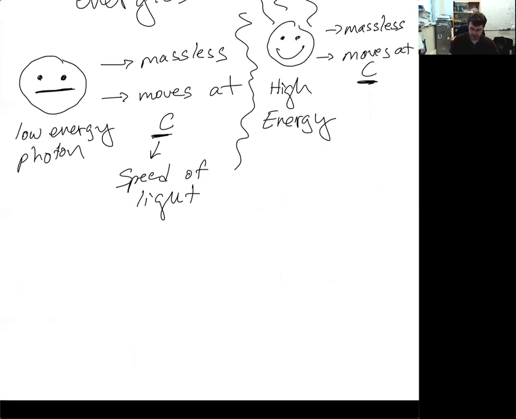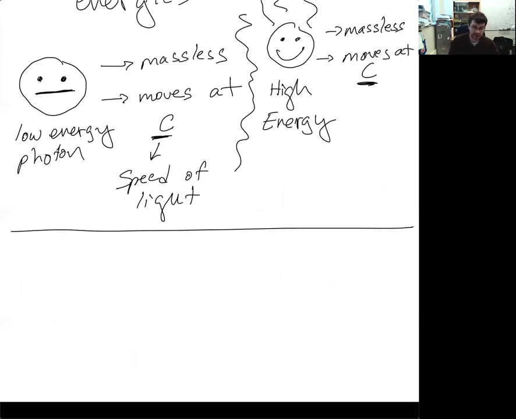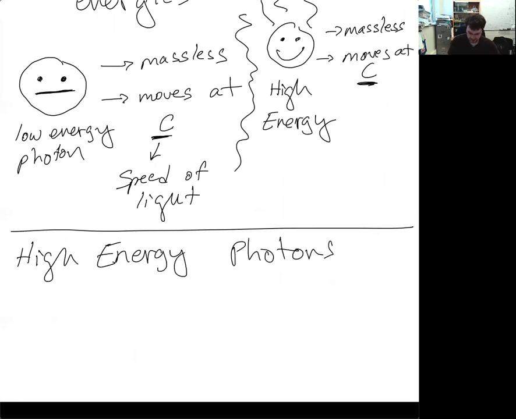Okay, so let's look at some examples of the various types of light. Again, if light can be different, we have high energy light, but let's focus on the photon. So high energy photons. Examples of these would be gamma and X-ray radiation.